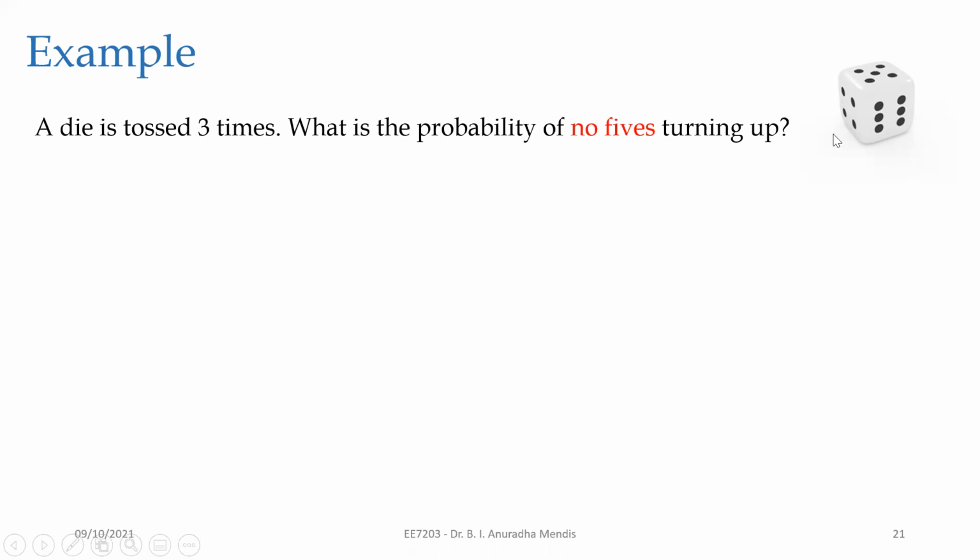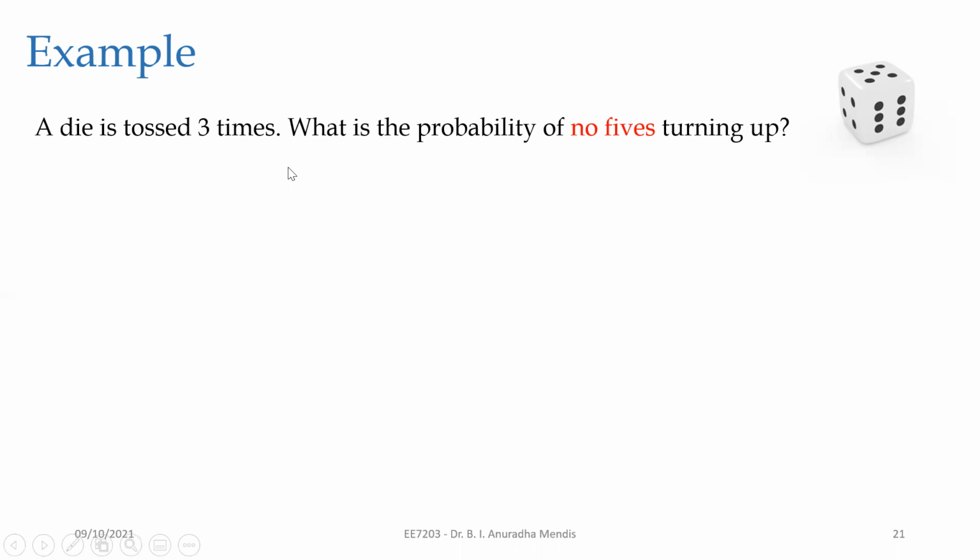Now 5 is here, 1, 2, 3, 4, 5, this side. So this side will not come in all these 3 times. What is the probability of no 5s turning up?